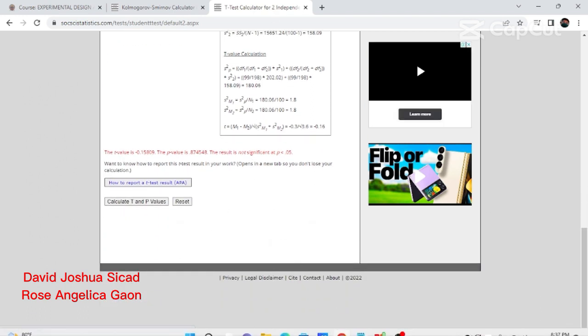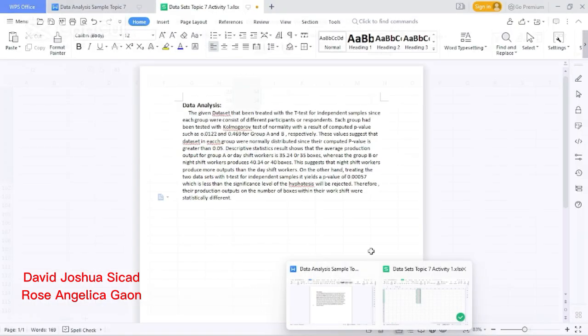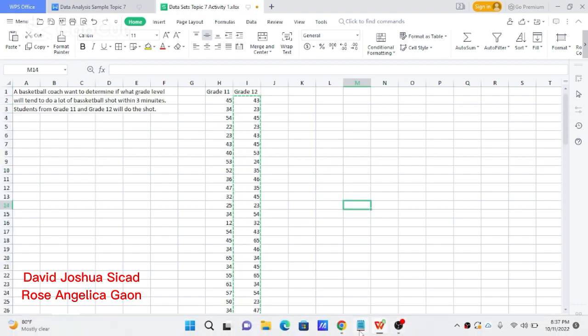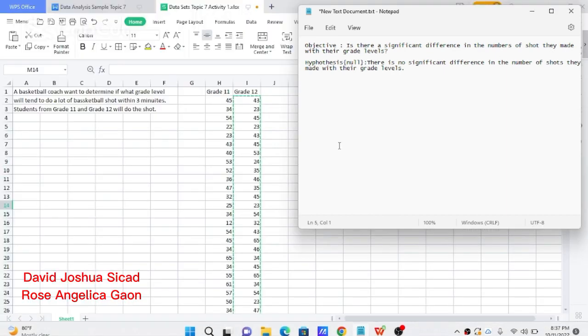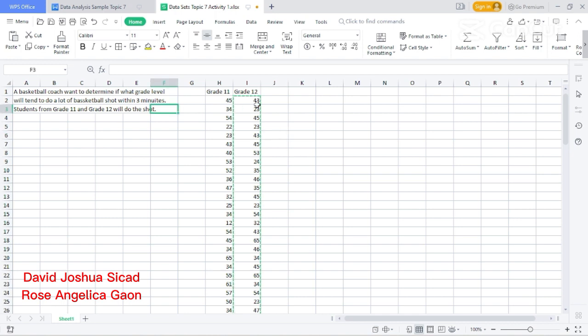In our data sets, our objective here is: is there a significant difference in the number of shots they made with their grade levels? And the hypothesis is there is no significant difference in the number of shots they made with their grade levels.